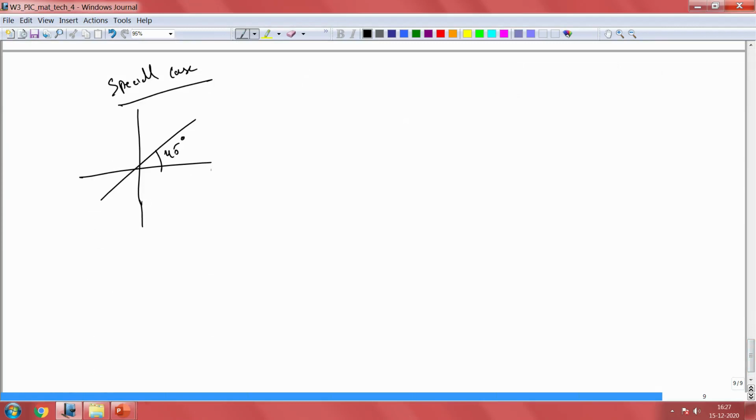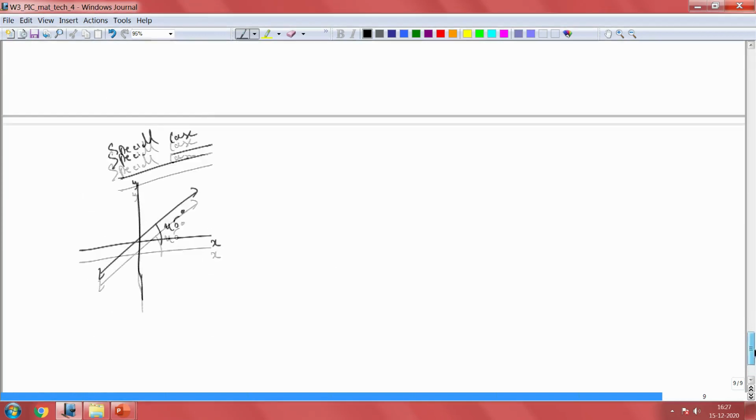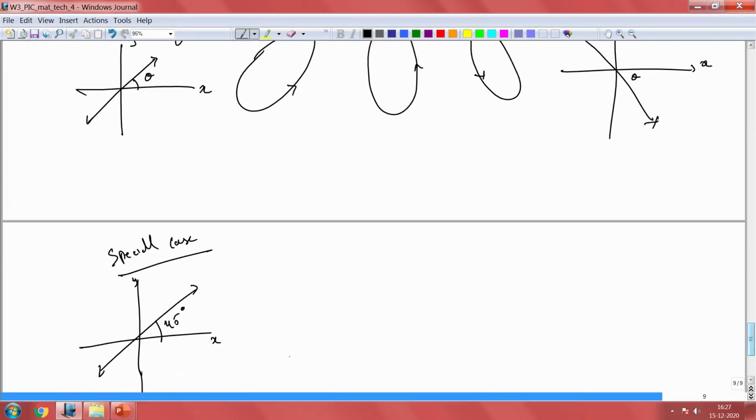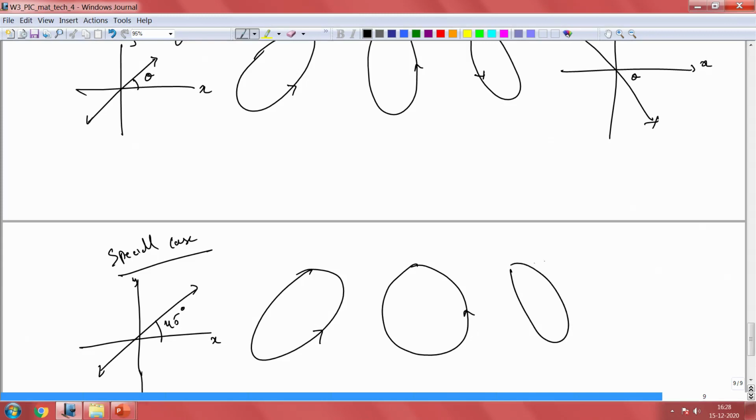When you have a light at 45 degrees, this is still linearly polarized. This gives you an interesting result. It will create, similar to what we saw earlier, at the quarter wave, a circularly polarized light, and then you go back to 45 again, but in the opposite direction.